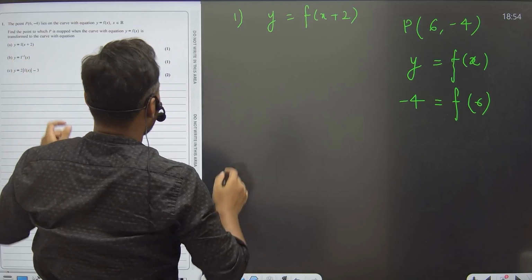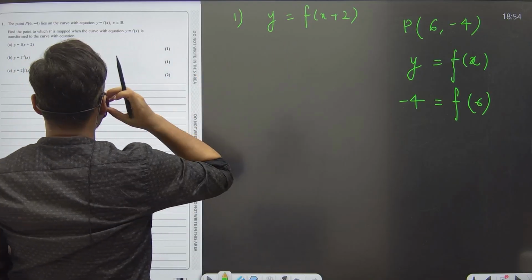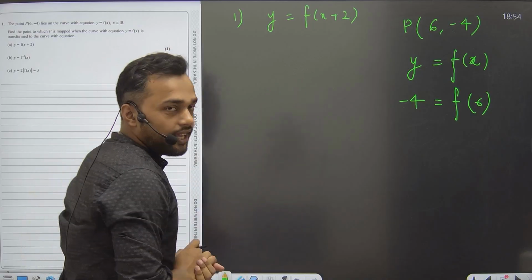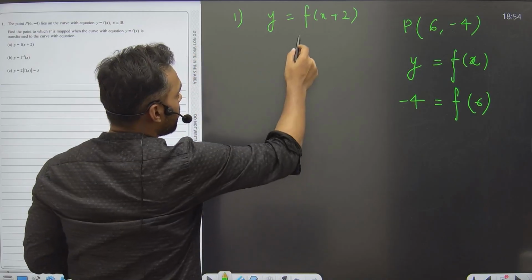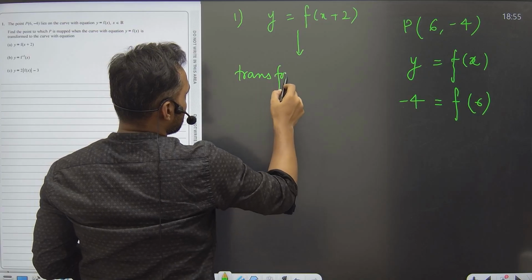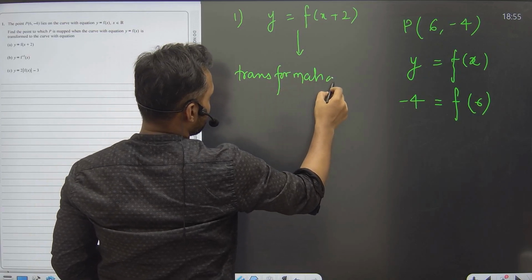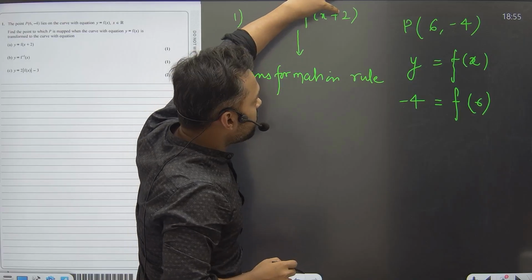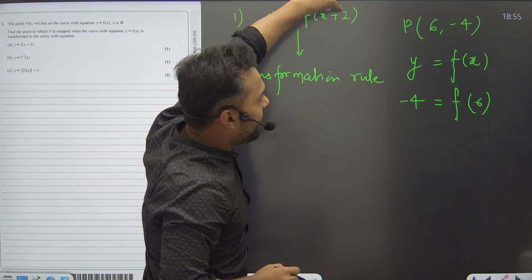Now here you can see that they have asked for the point when y equals f(x) plus 2. So here, according to the transformation rule, this change is on the x-axis.